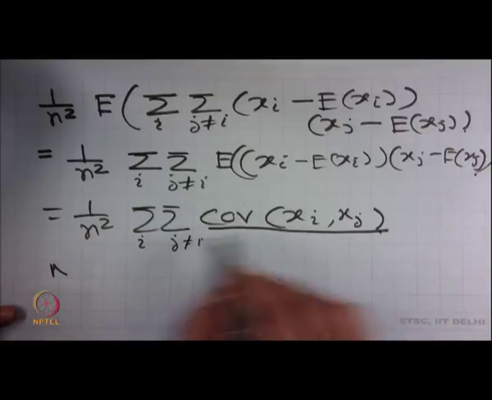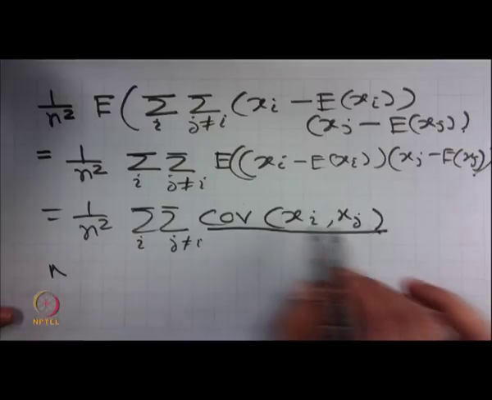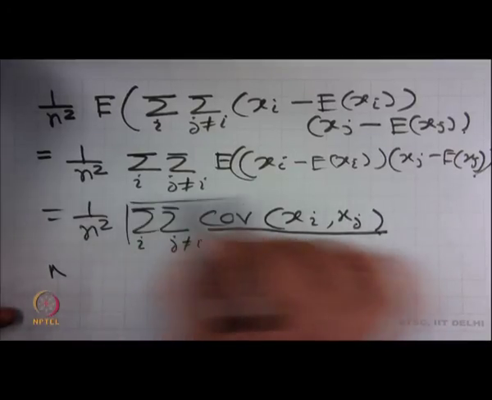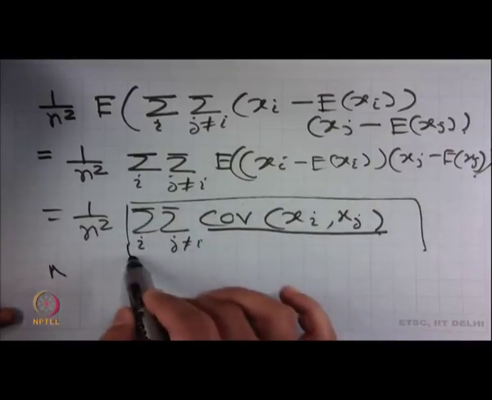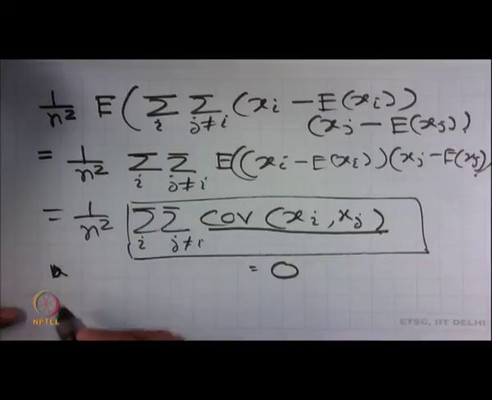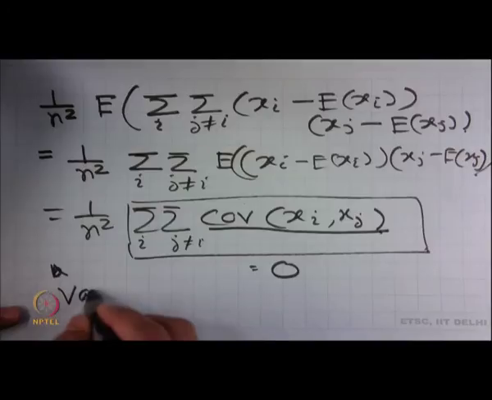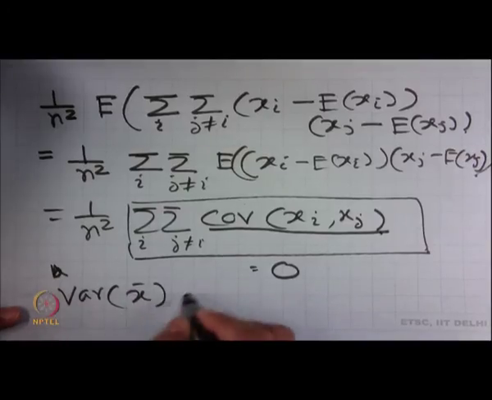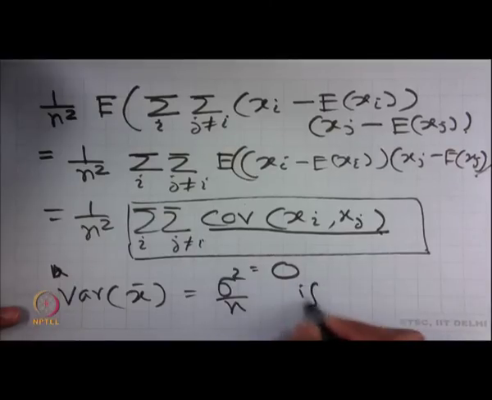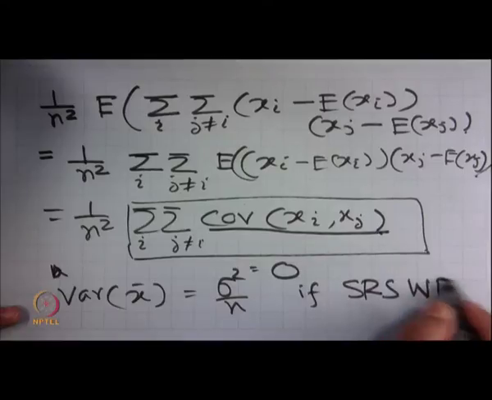Therefore, if we are considering simple random sampling with replacement, then each of the covariance terms will become 0. Therefore, we are left with the variance of x bar being equal to sigma square by n if simple random sampling with replacement.